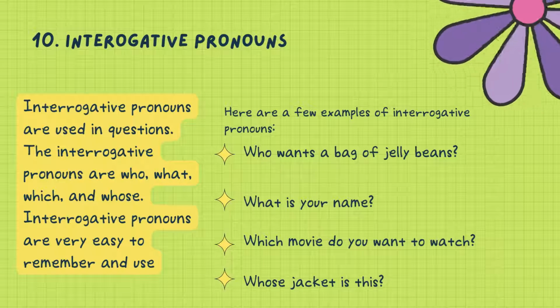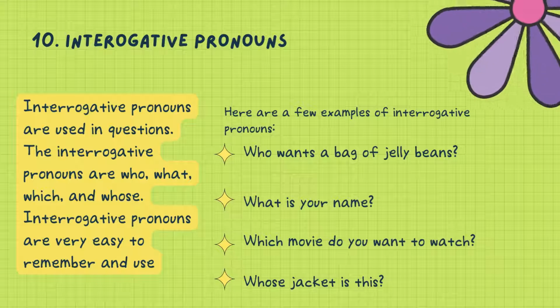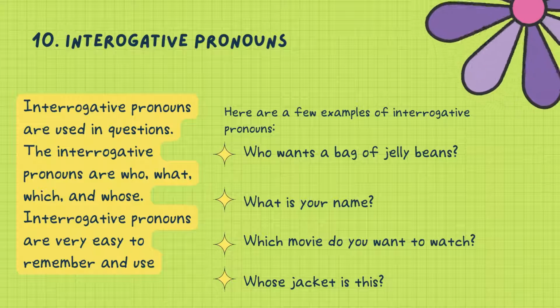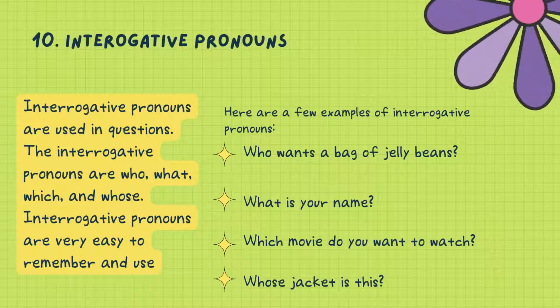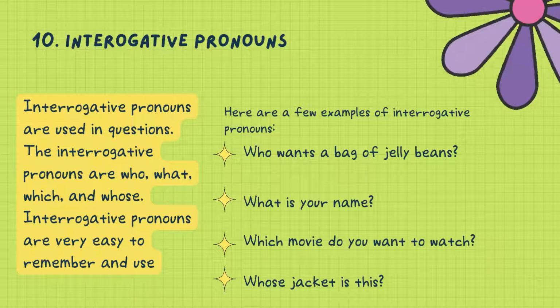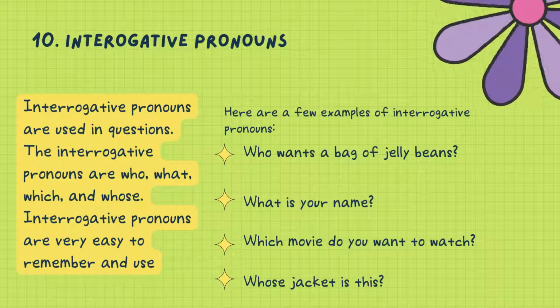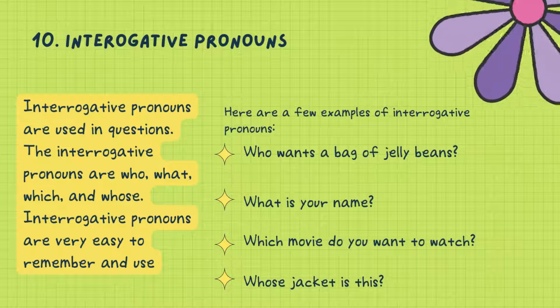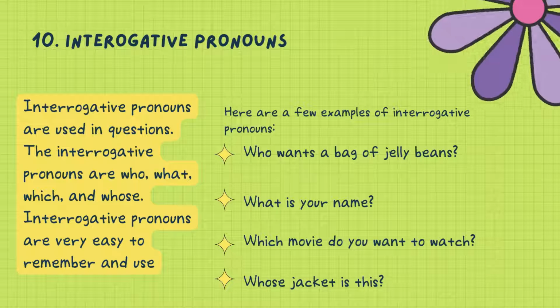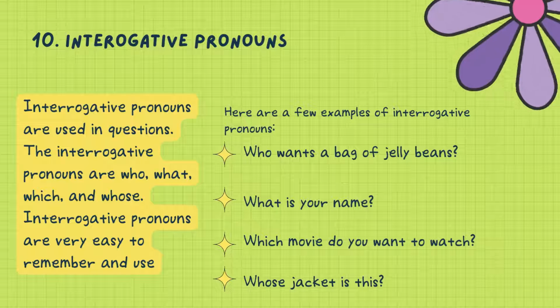Number 10. Interrogative pronouns. Interrogative pronouns are used in questions. An interrogative pronoun is a pronoun which is used to make asking questions easy. Interrogative pronouns can also be used as relative pronouns, which may be found in questions or indirect questions.